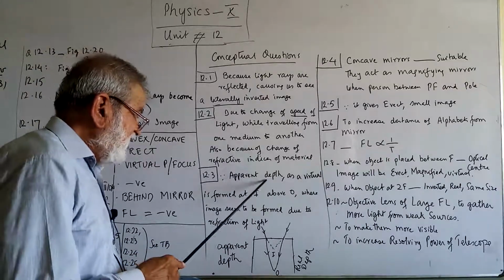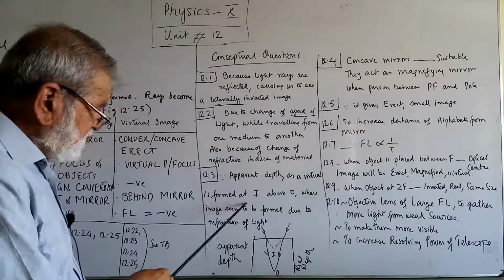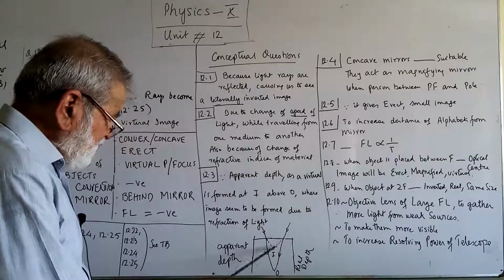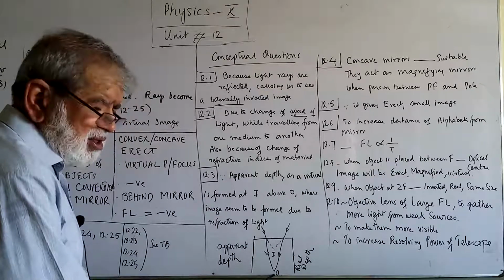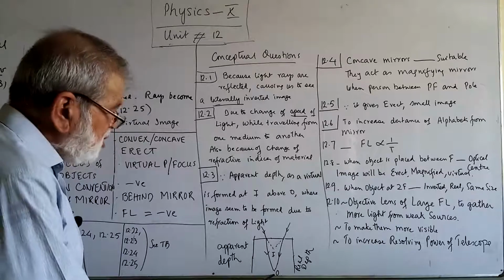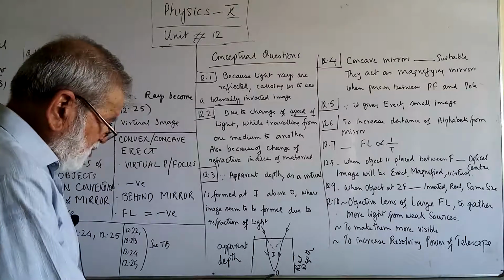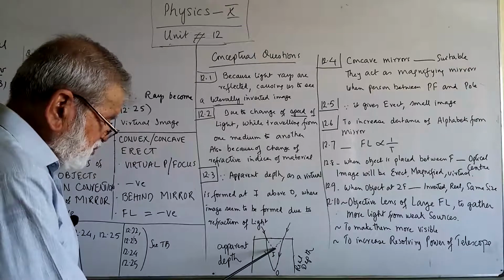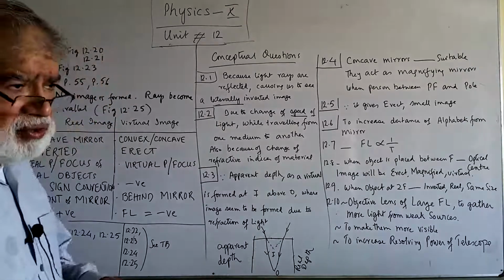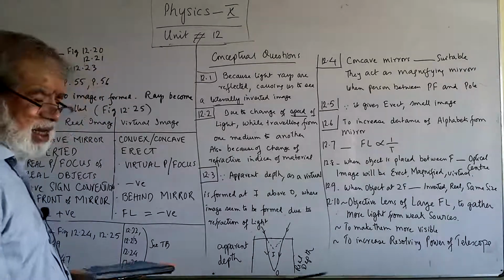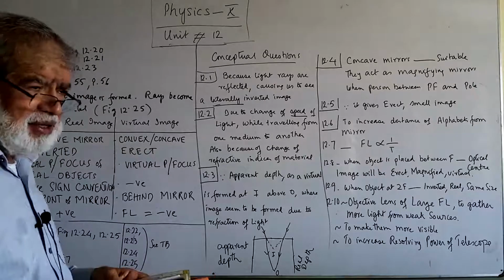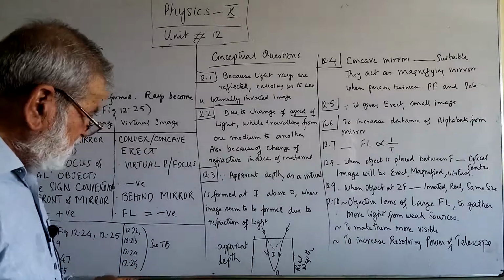Because of apparent depth, a virtual image is formed at I above O. This is the actual depth of the pond or lake, and because of refraction of light you see the image here. So this is why you see that the apparent depth is above the actual depth.